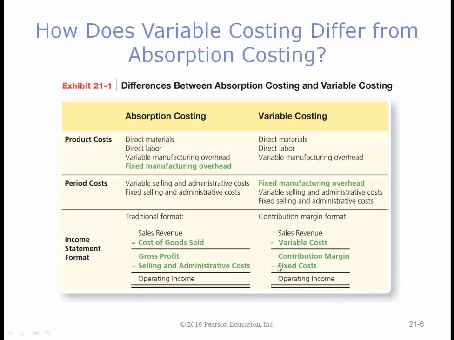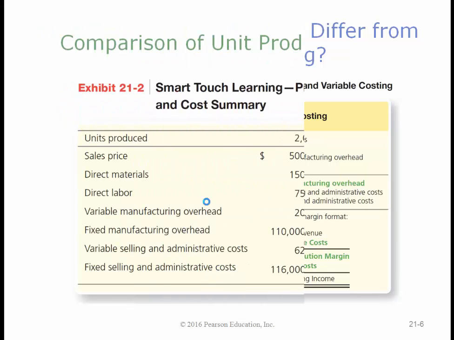So you notice the difference here. You're going to have fixed cost, which is actually going to be fixed manufacturing overhead and fixed selling cost. And in fact, this variable cost here really represents variable selling, variable manufacturing overhead, direct labor, and direct materials. So all of those are included.